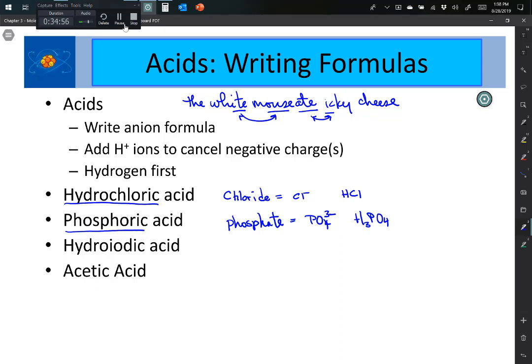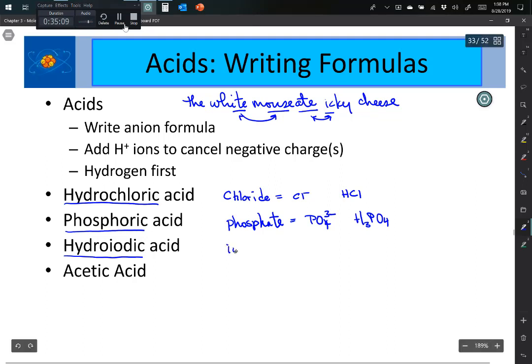But that doesn't help us with the hydros. So hydroiodic. You see hydro in the front, you automatically know it's monatomic, right? So it's iodide, and the formula for the acid, that's I minus, that's HI. Okay.